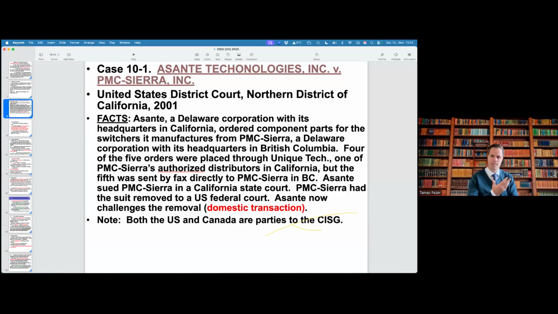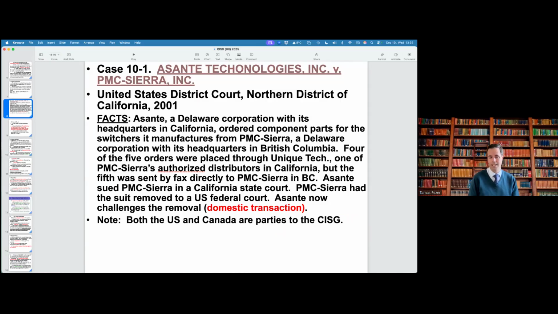Asante sued PMC in a California state court, considering that this is basically a domestic legal dispute. Well, it was dealing with a company that went through, for the majority of the performance, another Californian company, Unique Technologies. So most of the products under this contract never even had to cross any borders. They were coming from the warehouse of Unique Technologies, a Californian business.